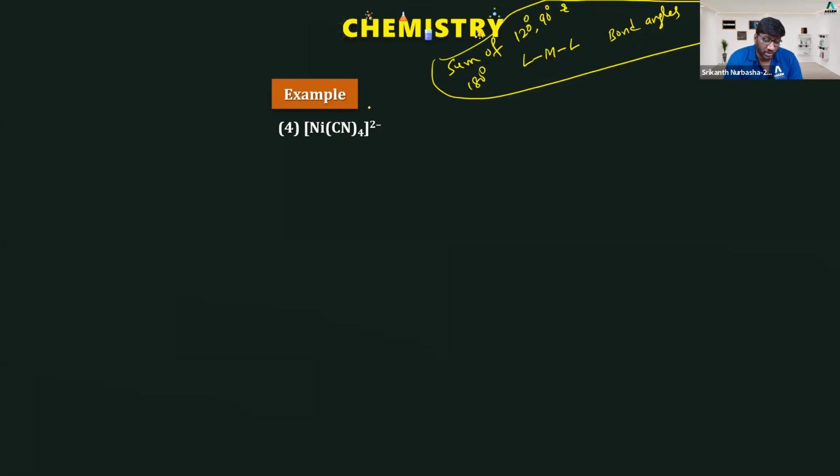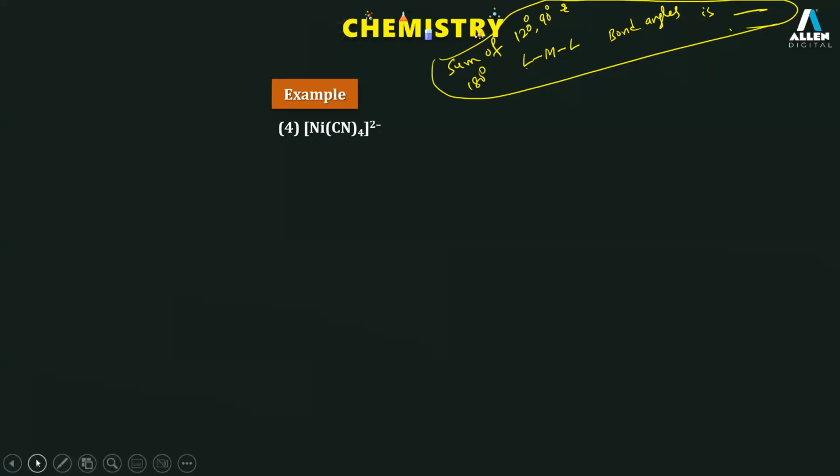In this complex, the question is like this: the sum of 120 degree angles, 90 degree angles, and 180 degree angles, the angles of ligand metal ligand.